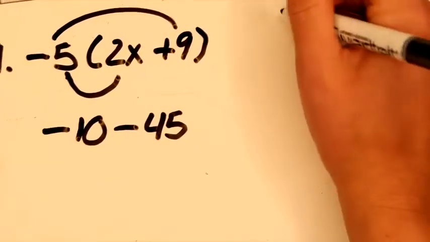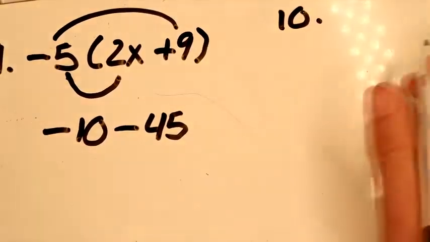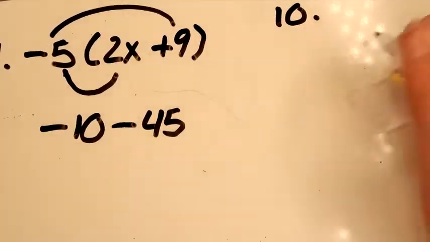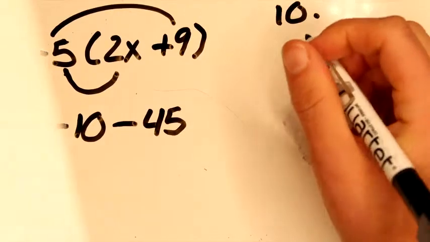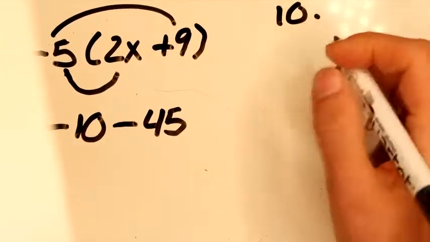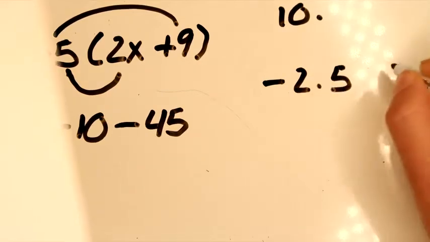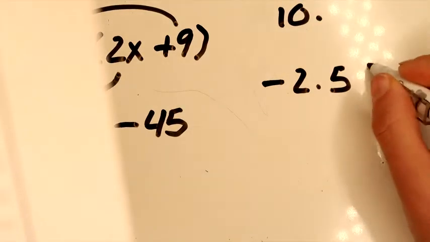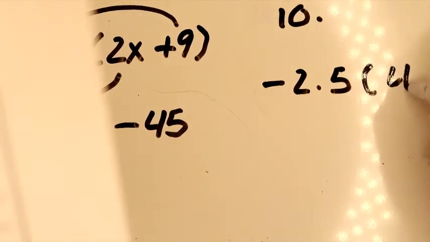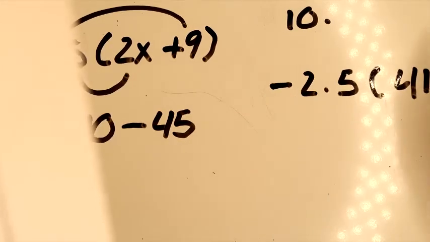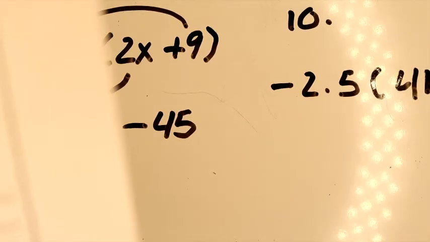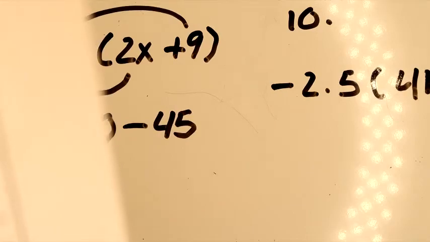Let's do problem 10. Okay, I'm going to write problem 10 right here. So I have negative 2.5 times (4k minus 2).